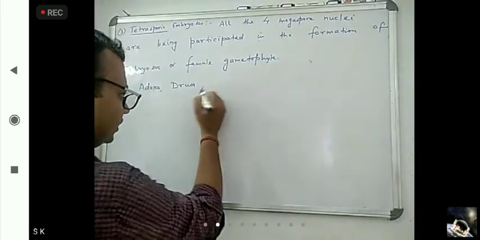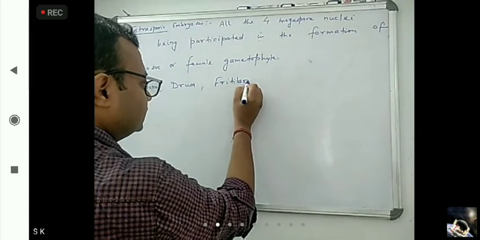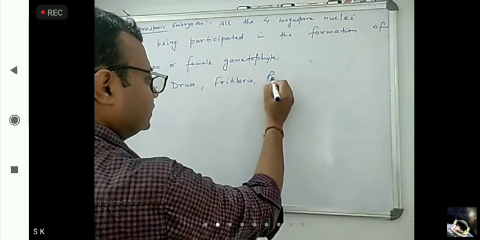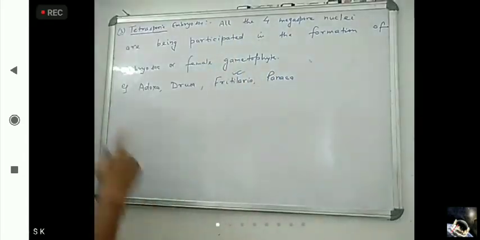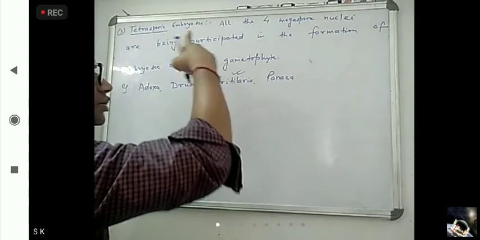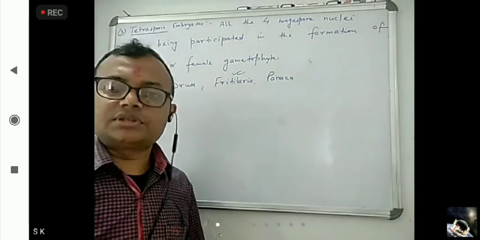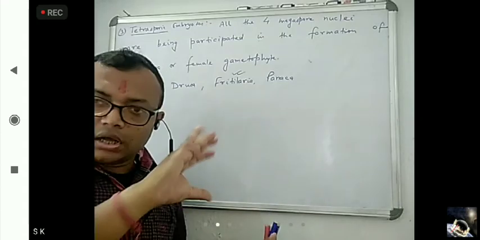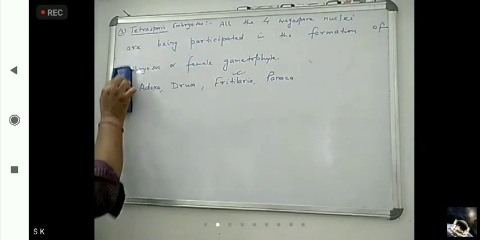So for example, Fritillaria, Peperomia. Here you have to remember Fritillaria, that belongs to the tetrasporic embryo sac.